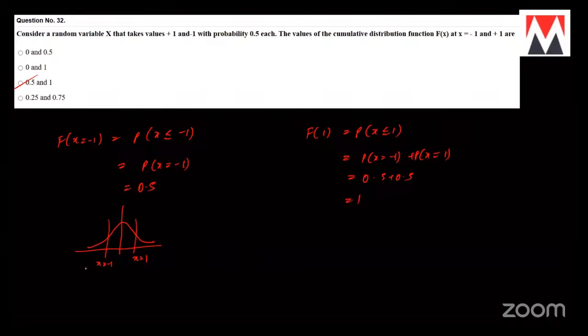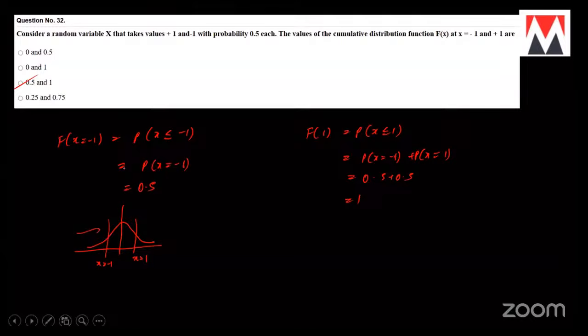This whole function, the sum of all the probabilities, is 1 again. Okay? When you take the value which is exactly x equal to -1, this part is being divided into -1 and +1. When you have x less than or equal to -1, it means he is considering all the values from the probability 0 to 1.